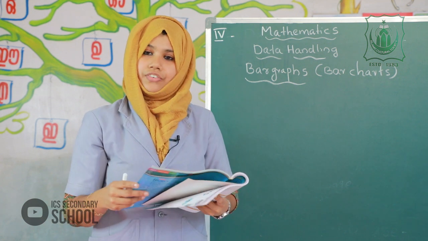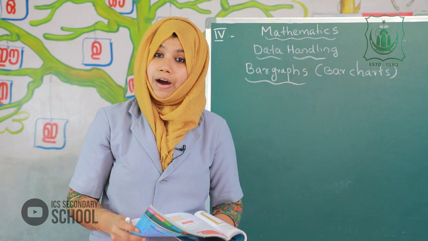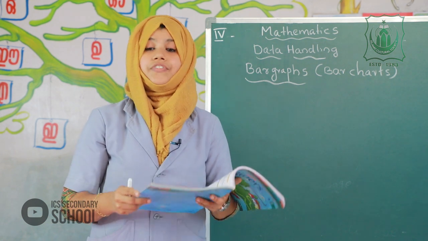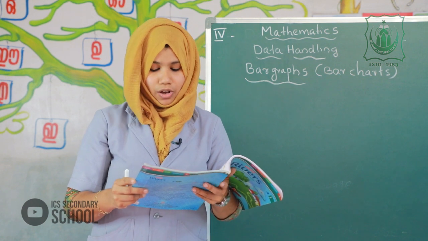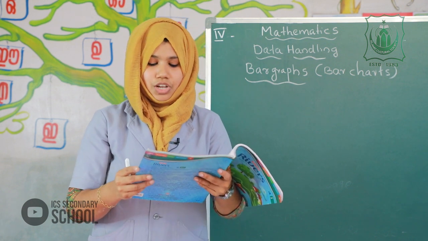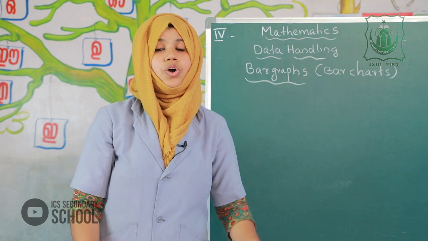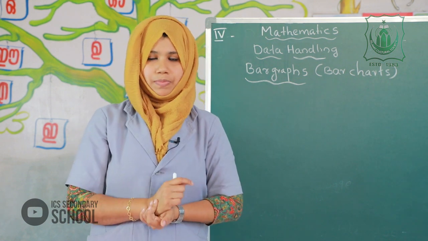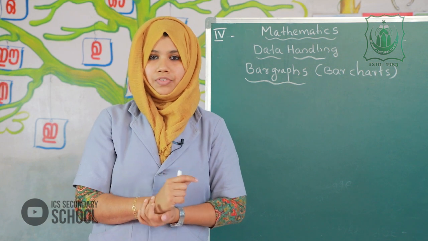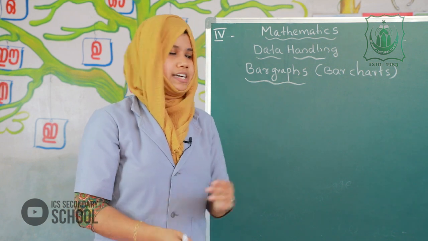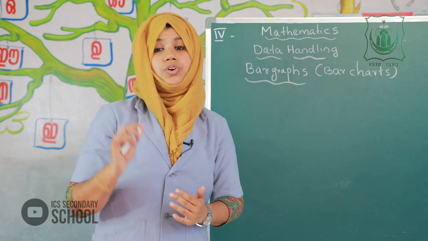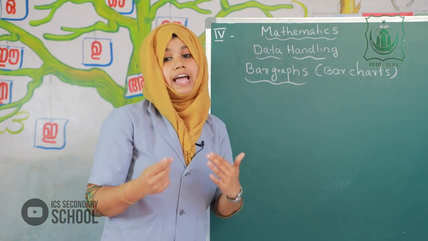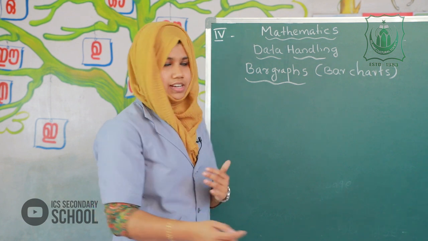I will read the question. The information about the scholarship winners over a period of 5 years in a school is given below. Draw a bar graph to represent the information. So, we can make a bar graph by using this information. How to make a bar graph? All of you listen here. First of all, we want to collect the information, and that is year and number of winners.